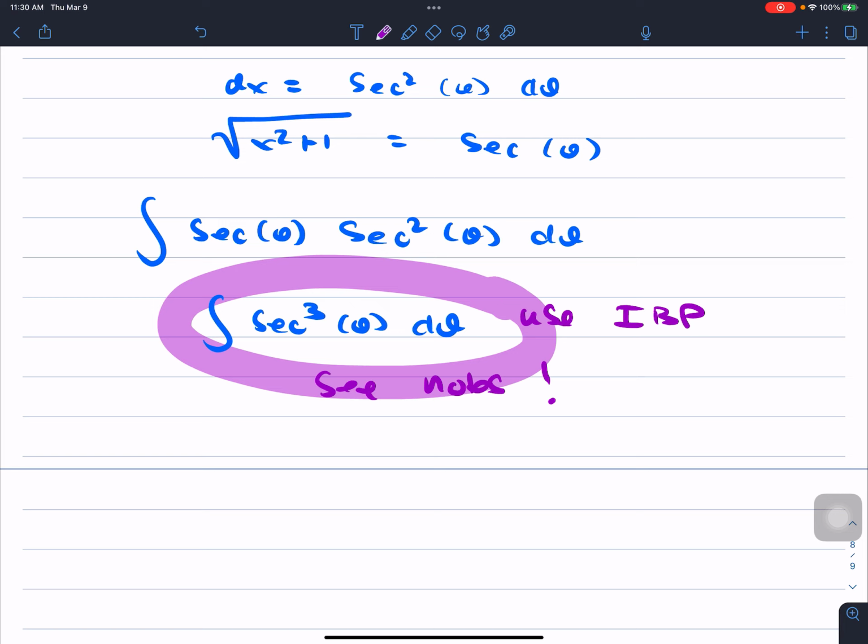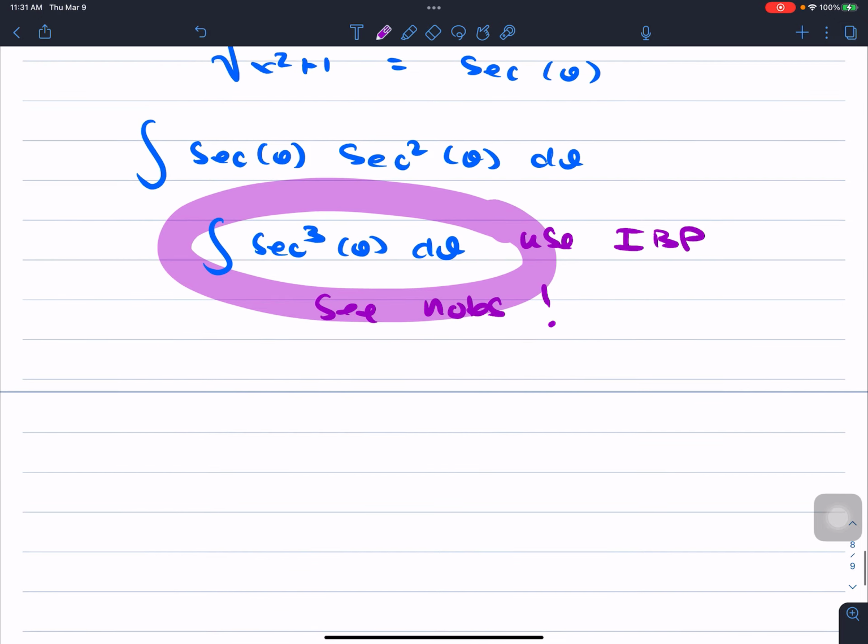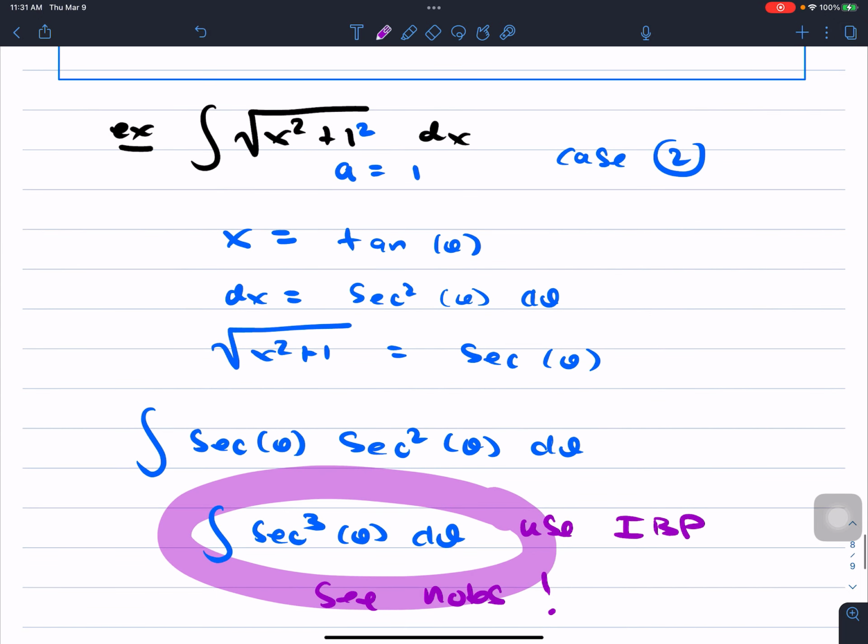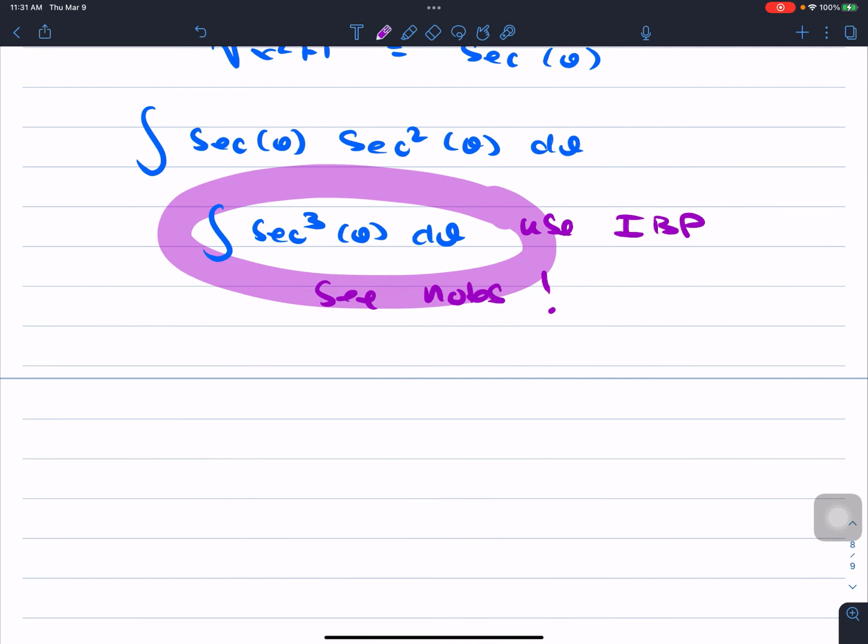You might have to integrate cosecant. Oh, I know what that is. What was secant cube? What does your note say? It's in your notes. That was an IBP question.